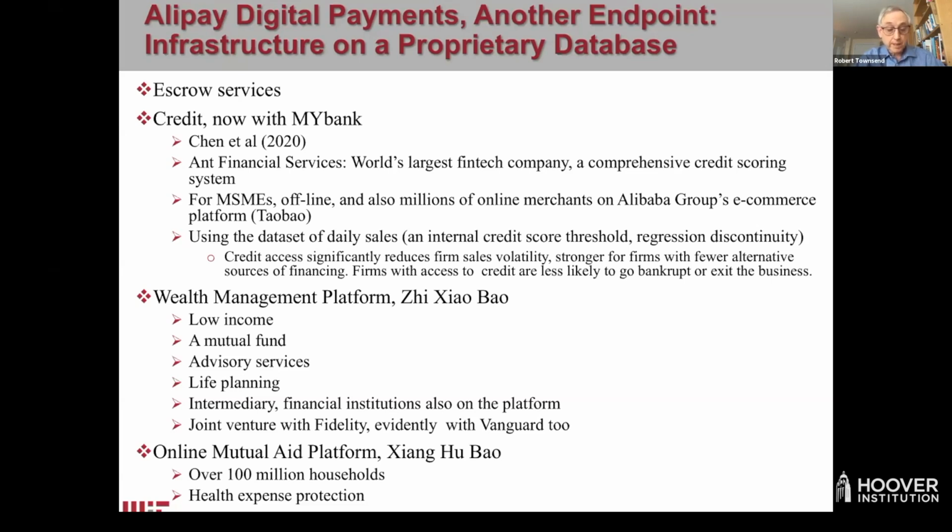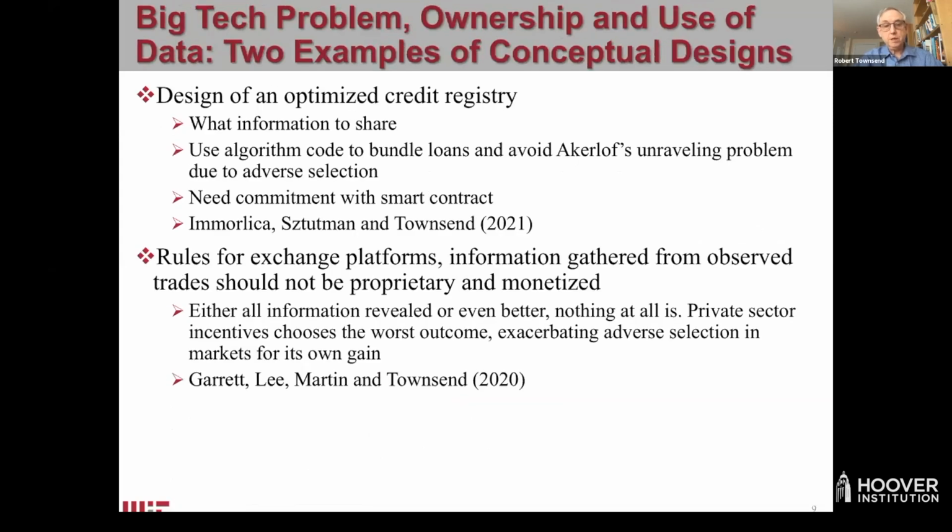The last thing is an online mutual aid platform, which is an insurance association, which is remarkably serving over 100 million households offering health expense protection. So this is financial infrastructure originally based on payments, but extending into all these areas.